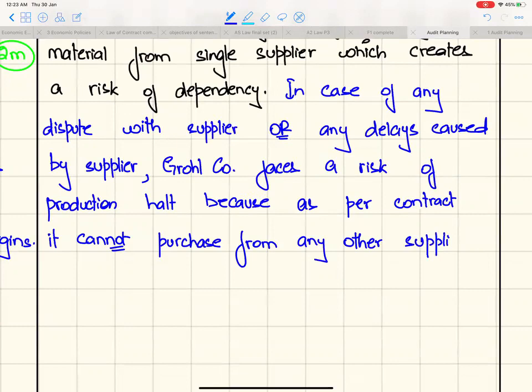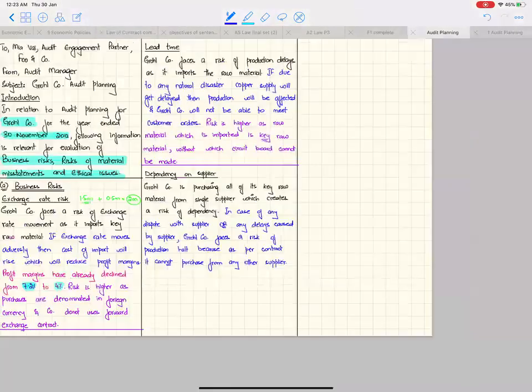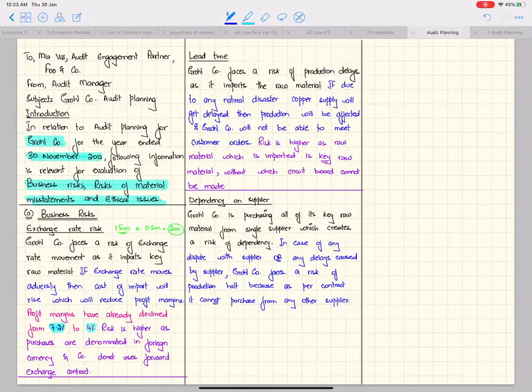So the impact is that if there is any dispute or delays caused by this supplier, Grohl company is stuck and it has to wait for this supplier only.